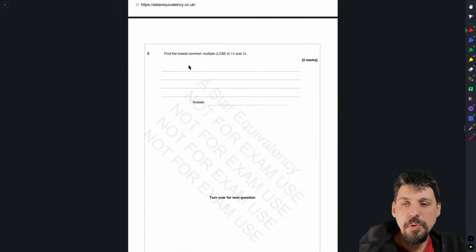Lowest common multiple of 14 and 32. 14 is 2 times 7. 32 is 2 to the power of 5.